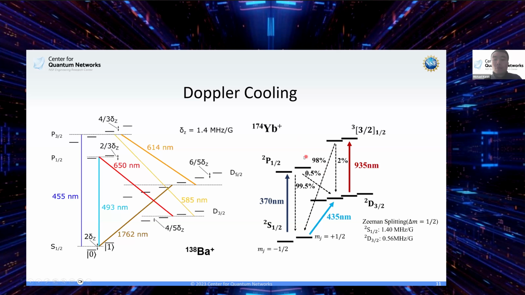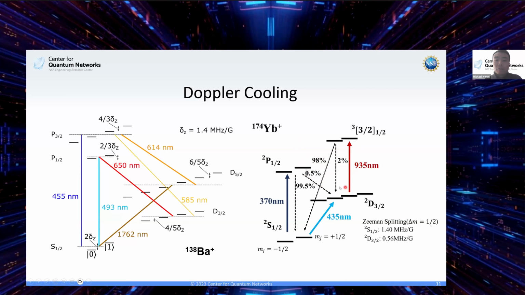That difference is what gives rise to a very nearly perfect state detection mechanism because of this very low probability of decay into the D state in ytterbium. The colors needed are 370 and 935 here for ytterbium.